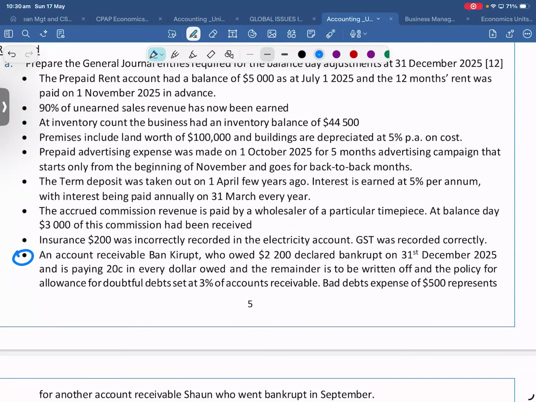Yeah. Then we did a print for the write-off. Allowance for doubtful debt. And then allowance for doubtful debt is how much? 1760.